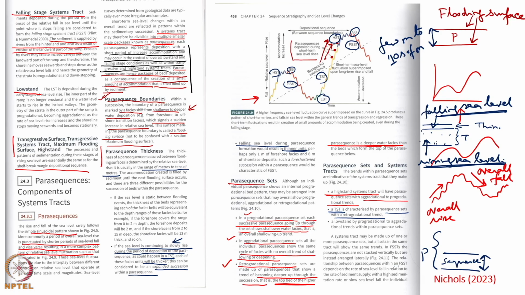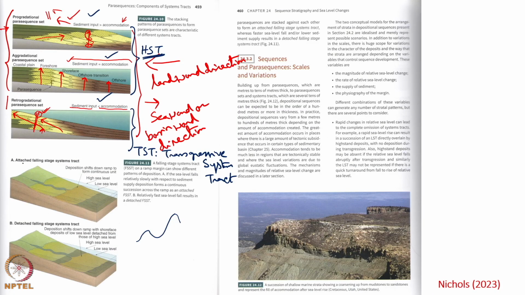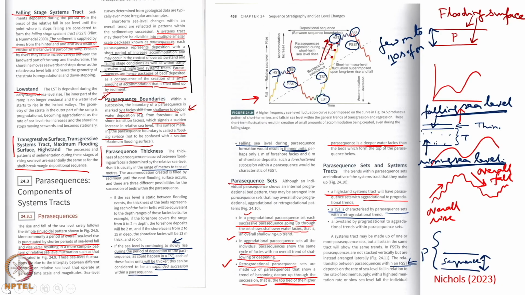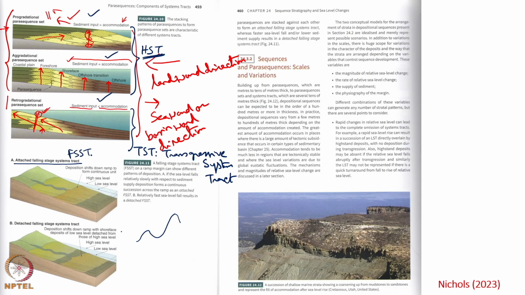Consider a case of a falling stage systems tract given by FSST. This is the falling stage systems tract. Here what happens? The parasequences are not stacked vertically, but are instead arranged laterally. In this case, we do not see a vertical up succession in case of an FSST.